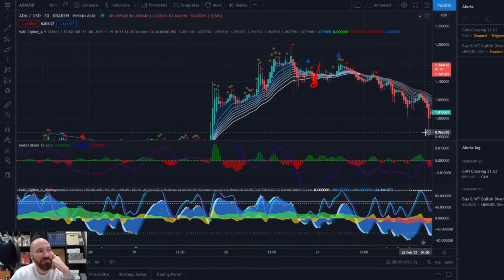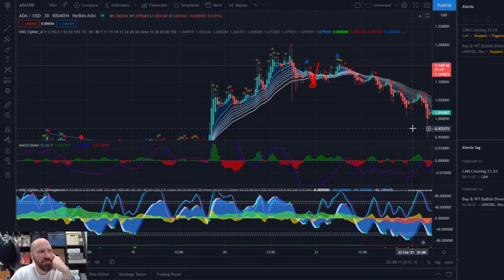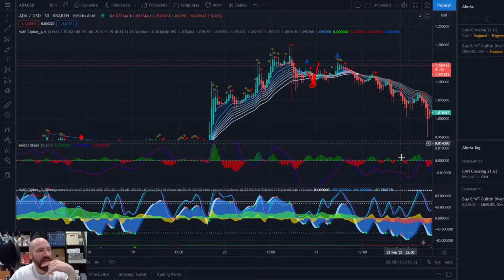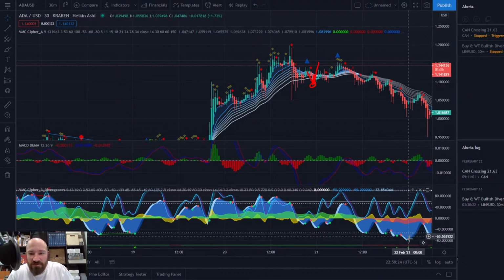Now, look, then we had two hangmen, and if you look at the MACD, it's low and it's turning up and it's crossing right here. And we have a 30-minute buy dot here that's higher than this previous one. So it's like a confirmation of an upward trend.